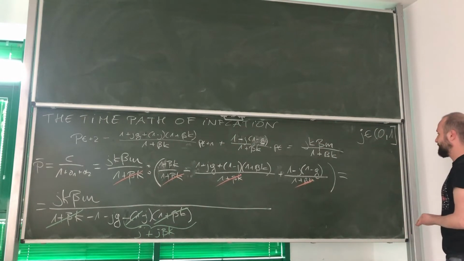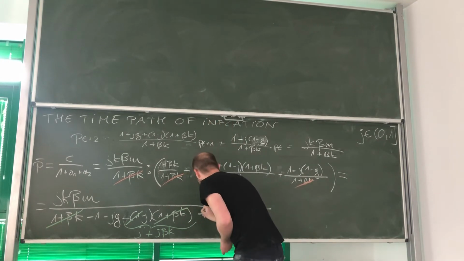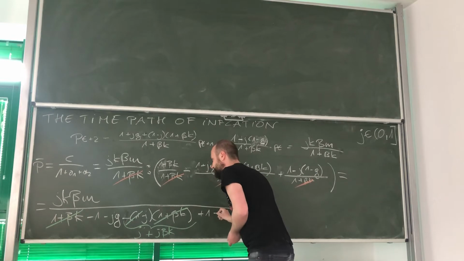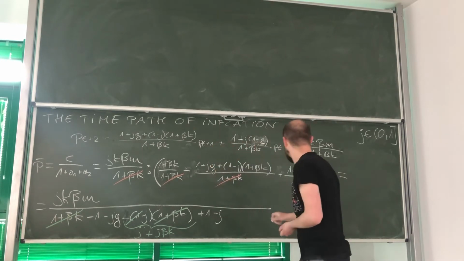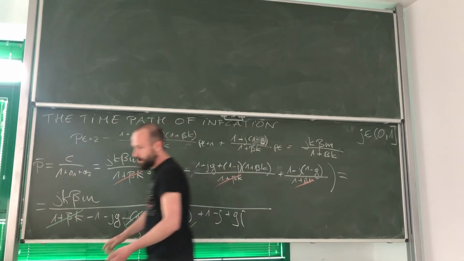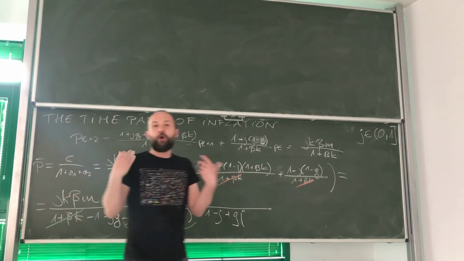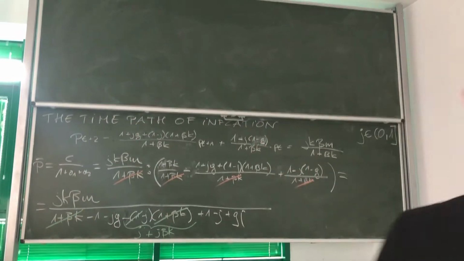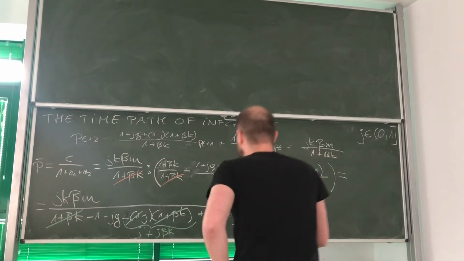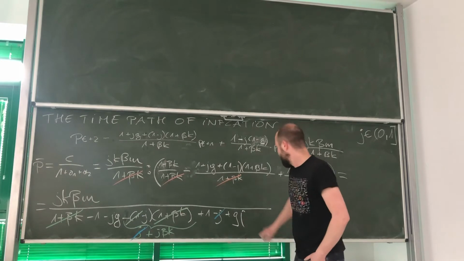Okay, and finally, at the end, we've got plus 1 minus J and plus GJ. Okay, so now we will get even more things that will cancel each other out. We see that those two J's cancel each other out.